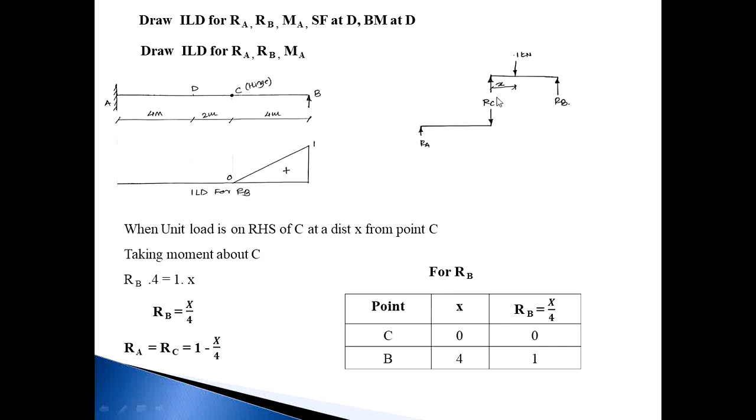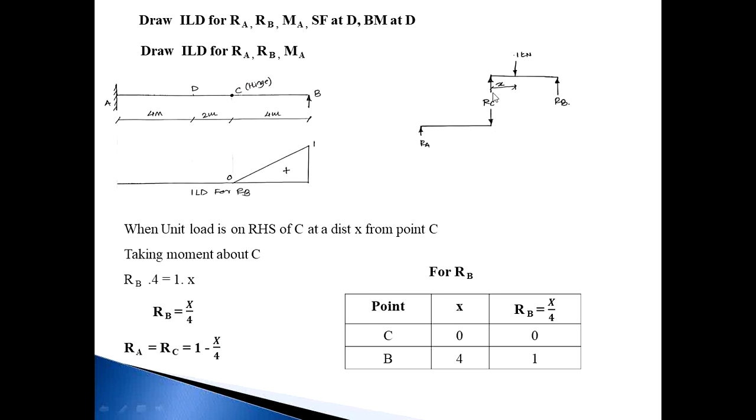We know that summation Fy is equal to 0. Upward forces in the system are RC and RB, and downward is 1. So RB plus RC is equal to 1, then RC is equal to 1 minus RB. This is a separate beam BC, and this is beam AC. Whatever reaction RC comes in beam BC acts on beam AC in the opposite direction.